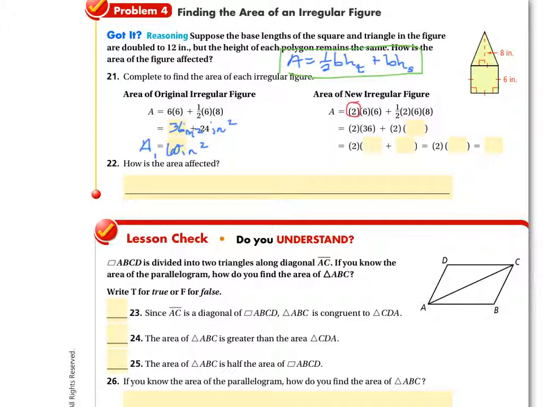If they were also multiplying the height by 2, they'd have to multiply by an additional 2. And this 2 also comes about from multiplying the base of the triangle by 2, and the base of that triangle is 6. So we get 6 times 6 is 36. 36 times 2 is what?